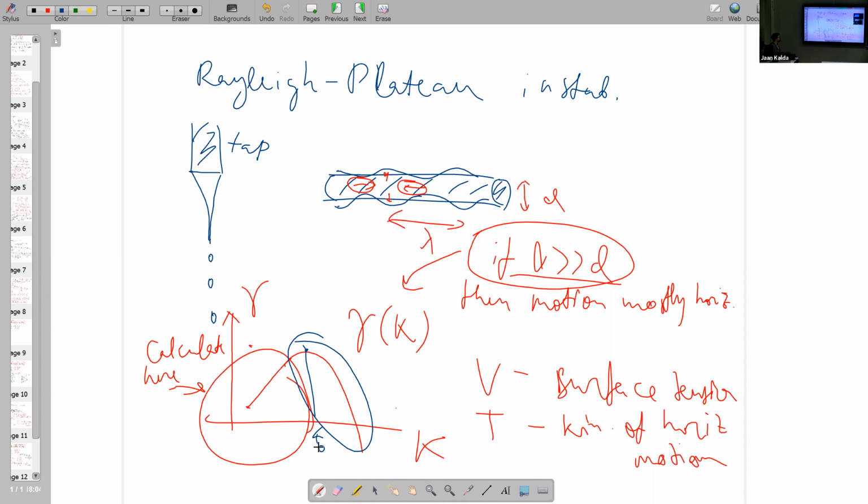That's why the cylinder in reality evolves into a nice sinusoidal shape, as it evolves as the most unstable mode with the optimal k, which is a few times the diameter of the cylinder.